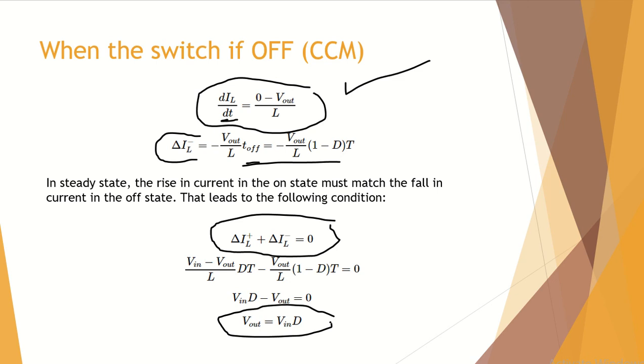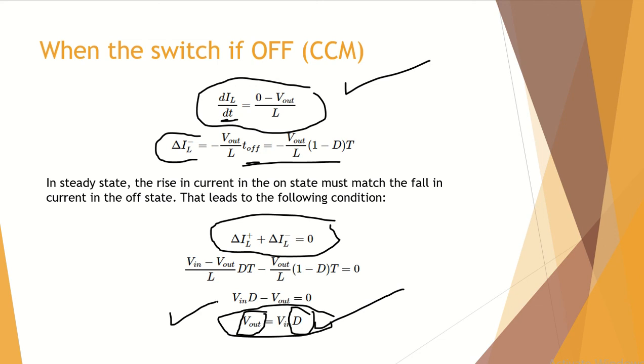And this we have also proved previously. So by varying the duty cycle, we can vary the output voltage. Again, I repeat, by varying the duty cycle, we can vary the output voltage.